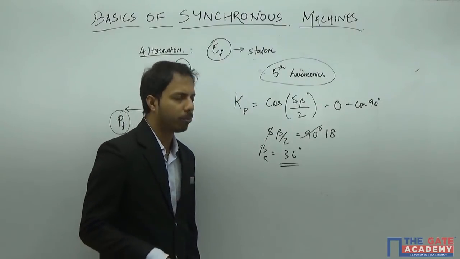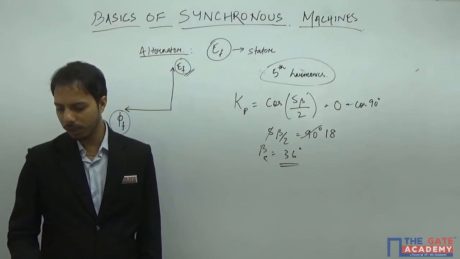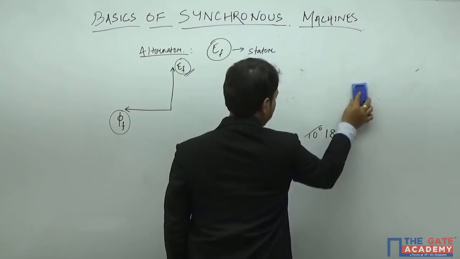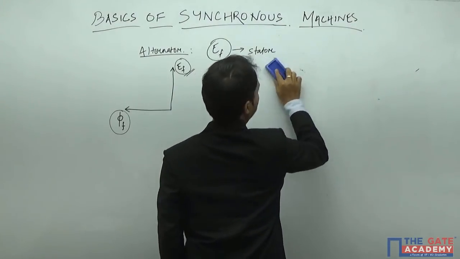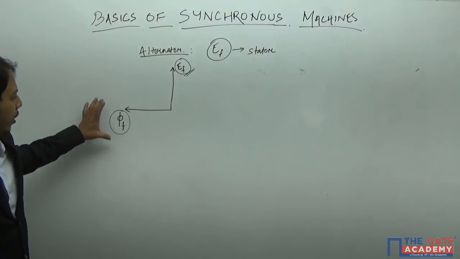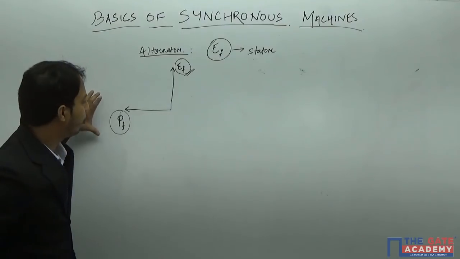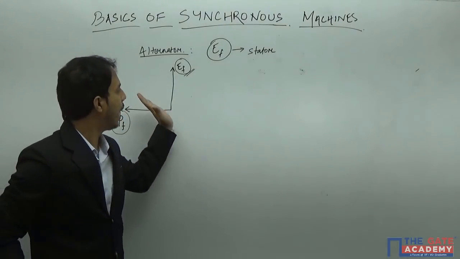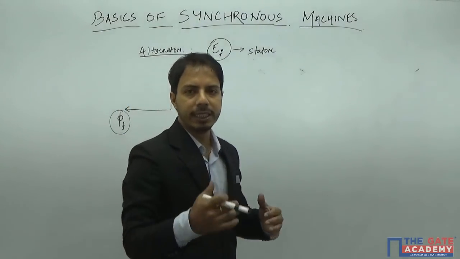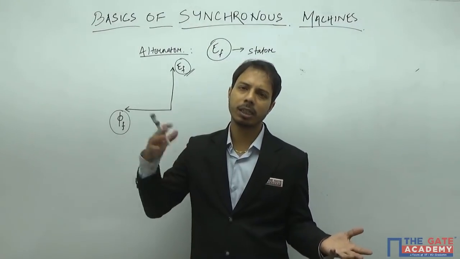I don't want to go into much detail on this particular topic. Rather, I will go back to the phasor again, from which we actually started discussing Kd and Kp. This is the phasor. This is my flux, and the induced EMF will lag by 90 degrees. Whatever is induced, the reason will always lead the cause.